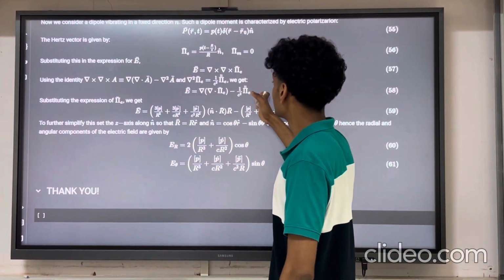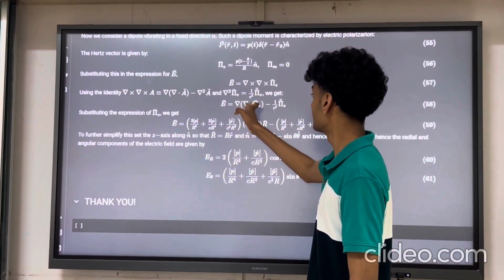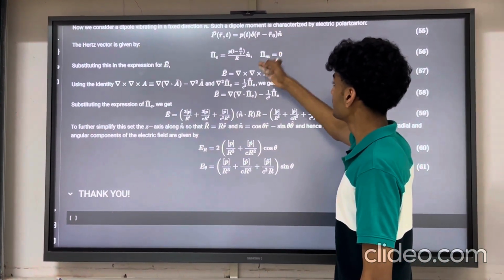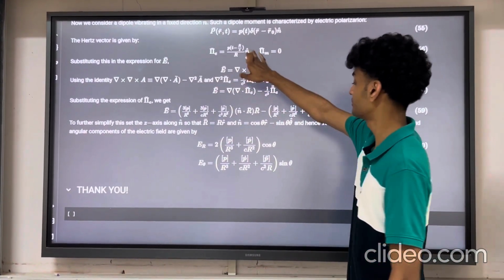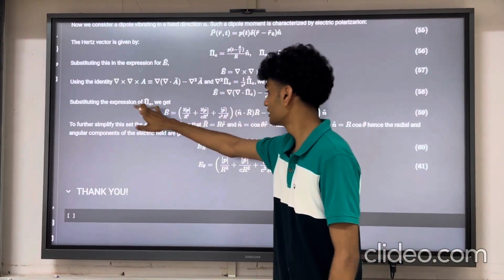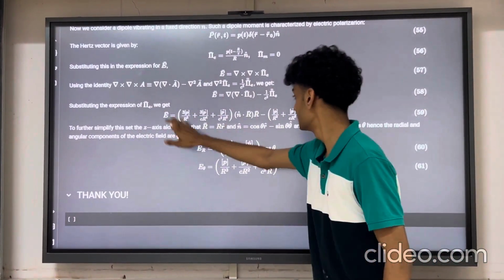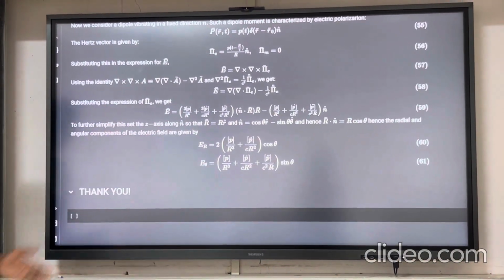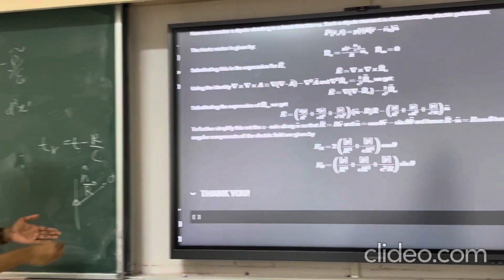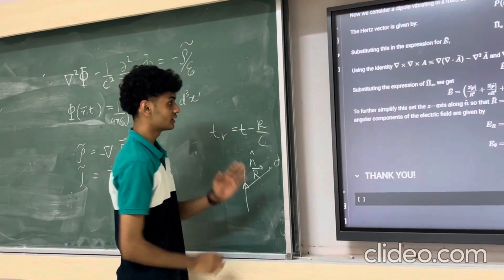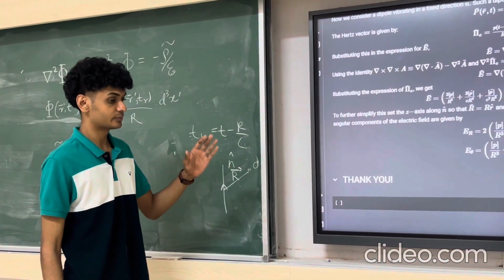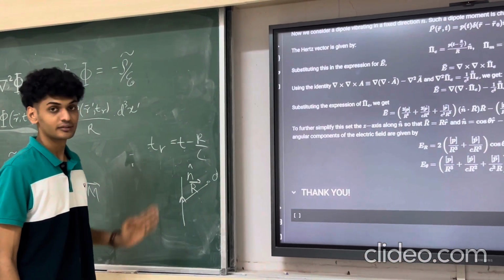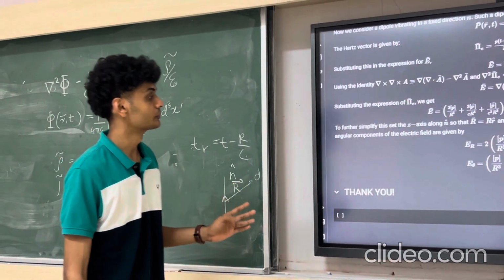So this basically gives us that our electric field is this, and we use the expression of pi e to get the final expression of E, which I have written in two components: one along r bar, which is the vector from the dipole to the observation point, and one along n hat, which is the direction of the dipole.